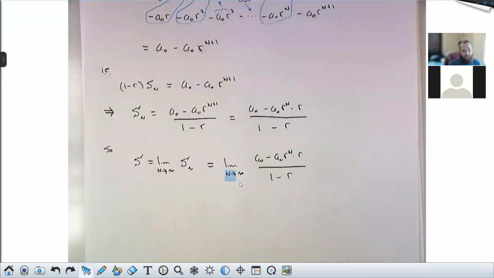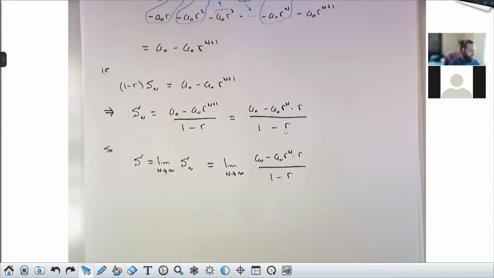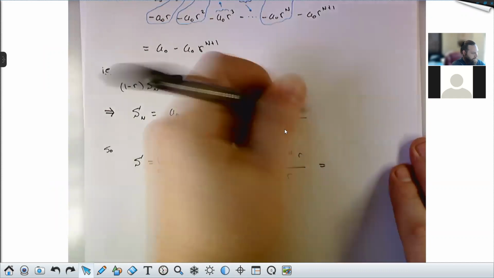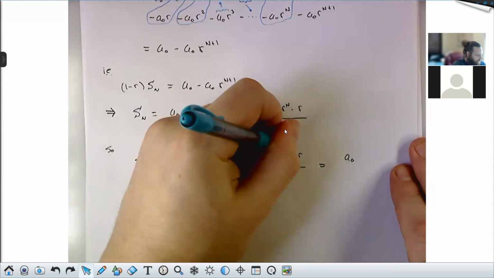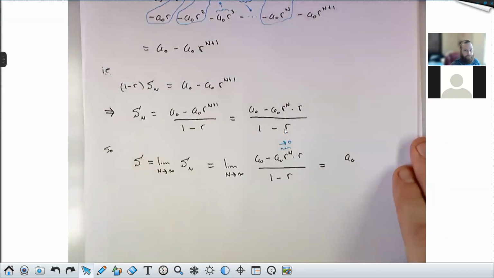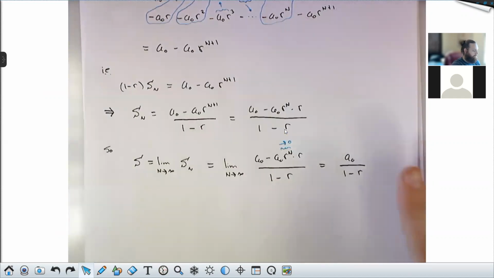And the only place a capital N shows up anywhere in this expression is right here, r to the N. And remember, we are assuming that r has absolute value less than 1, which by our theorem on geometric sequences means that limit is 0. So this piece right here goes to 0. So altogether we get a0 divided by 1 minus r.